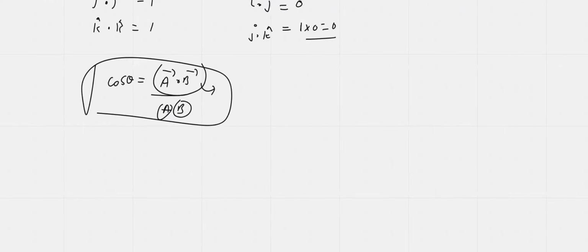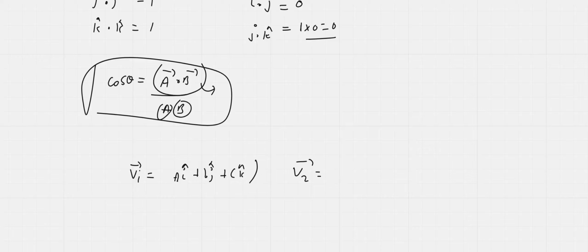You can calculate this if you are given a vector as a i cap plus b j cap plus c k cap. Another vector is given as p i plus q j plus r k.